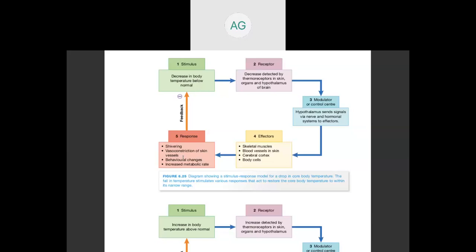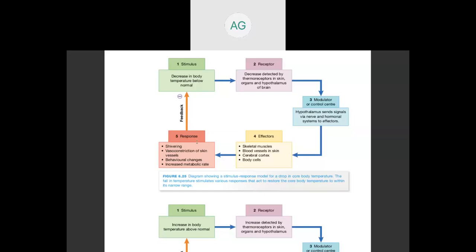All of this happens, that's a feedback, and that's a negative feedback because the stimulus was a decrease in body temperature, but the body is acting in the opposite way. It's not letting the body temperature decrease, it's bringing the temperature up to normal. That's why it's negative, because it's responding negatively to the stimulus. So the stimulus is a change, it goes to the receptor, then to the control center, then to the effector, and then you make a response. So it's negative.